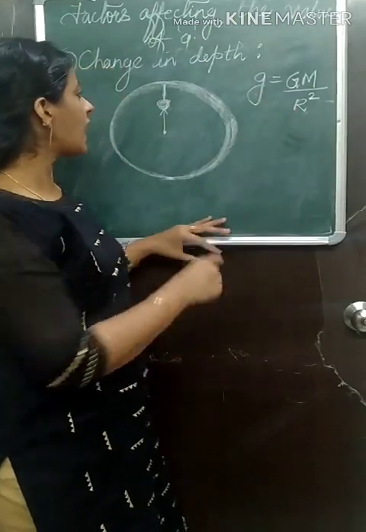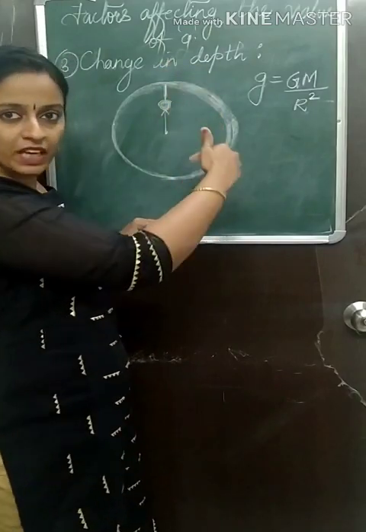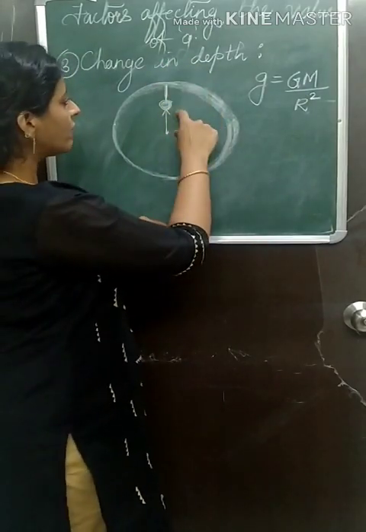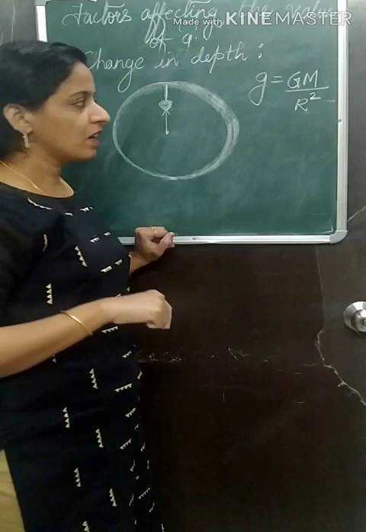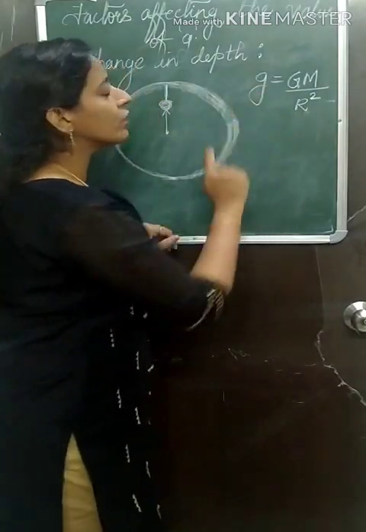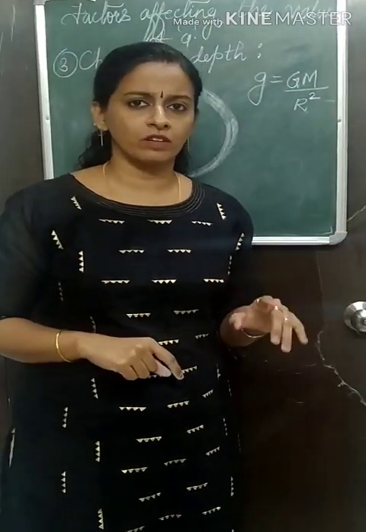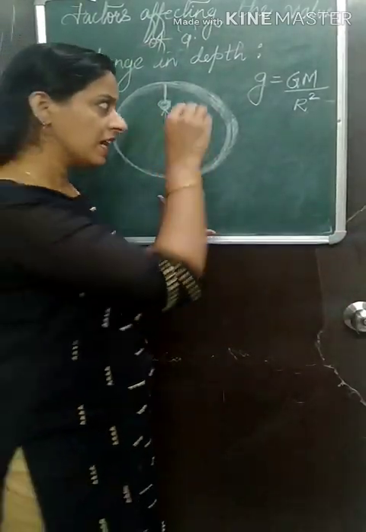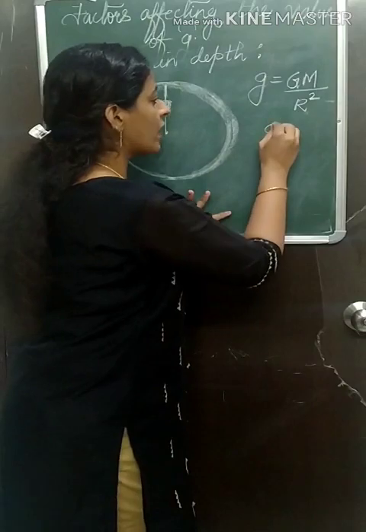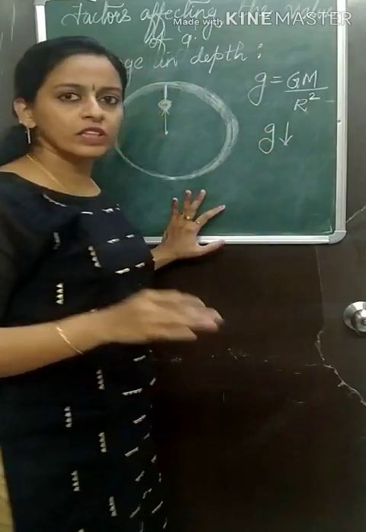I am saying that as the depth increases, as you go deeper, the value of R will be less. So according to the formula, the value of G should increase. But it is not happening so. The value of G is not increasing. As the depth increases, the value of G also decreases.